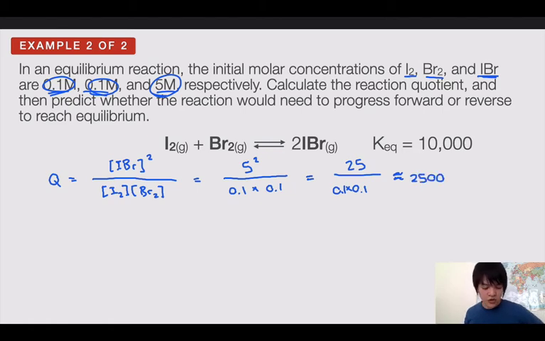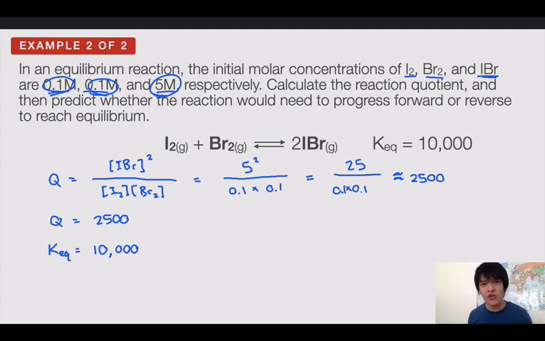Okay, so Q is equal to 2,500. KEQ, the equilibrium constant, the concentrations we have when it's at equilibrium, it's going to be given: 10,000.